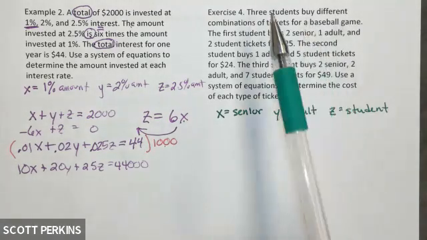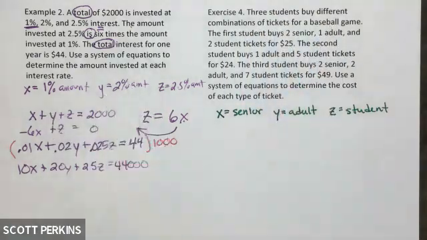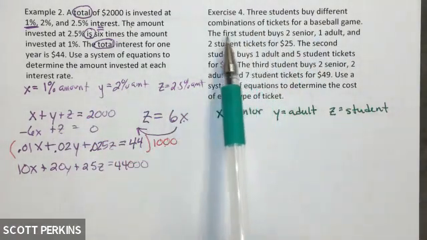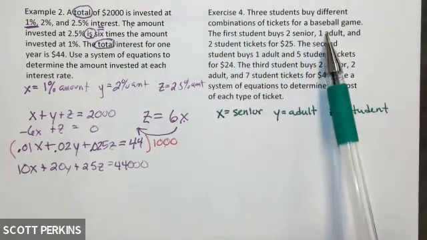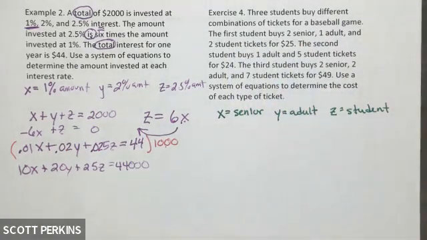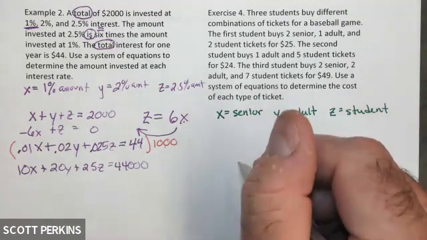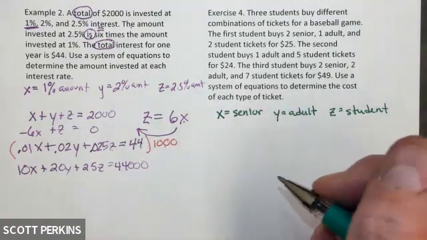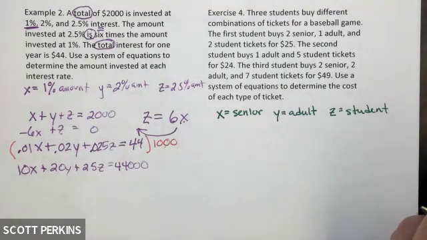So the problem says 3 students are buying different combinations of tickets for a baseball game. So let's go one student at a time. The first student buys 2 senior tickets, 1 adult ticket, 2 student tickets, and pays $25. So someone give me an equation that represents that. Okay, so whatever letter you used for senior or adult or student.